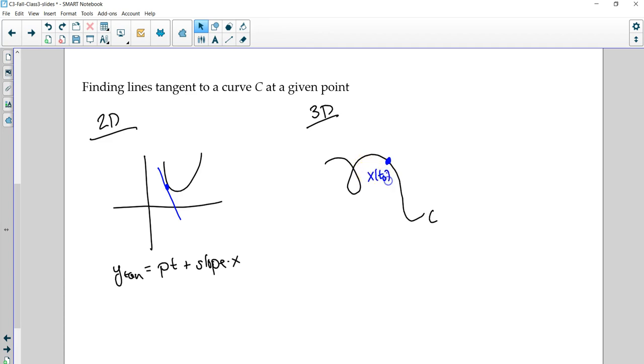We're going to need certainly the tangent vector, and I'm going to call that x prime of t naught.